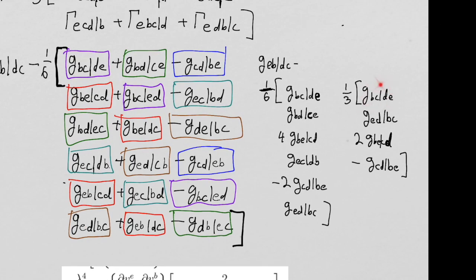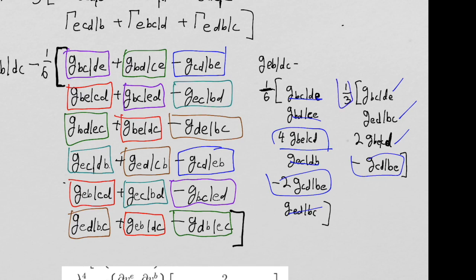So this is me combining this with this, and that's what that is. And then you combine this with this, and I think you get that one. Then this one here is this guy here, and this one here is this guy here, and I pulled out a factor of 2 to get a third, right? So that's how we go from these things to this.